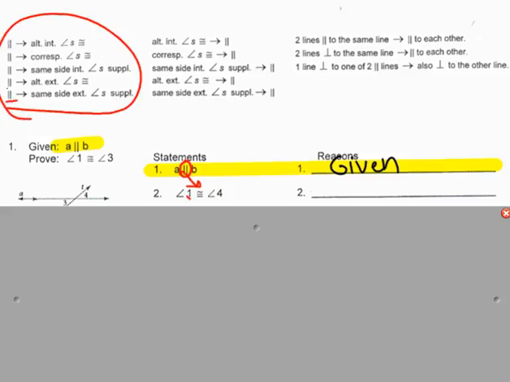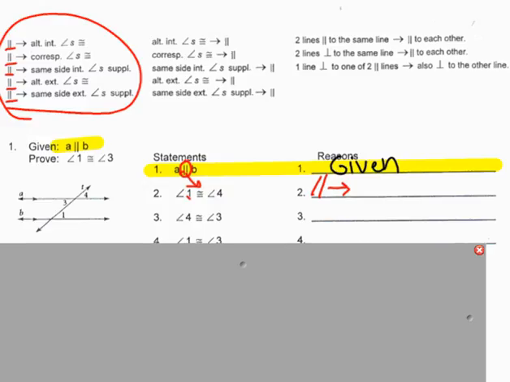Notice all the parallels are first. That's how this one's going to be. So you know you're going to write parallel then. Now for 1 and 4, this is when you have to look at the picture. So if I look at the picture and I see 1 and 4, I need to decide what kind of angles those are.